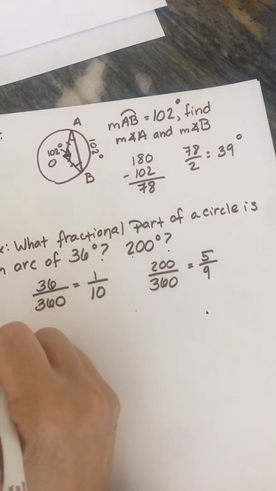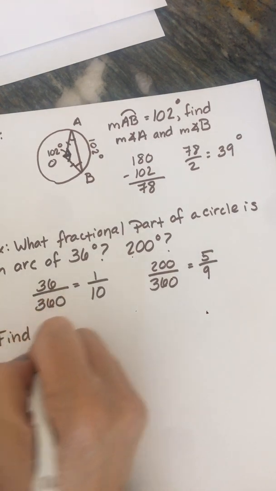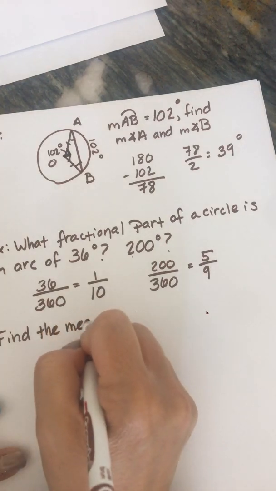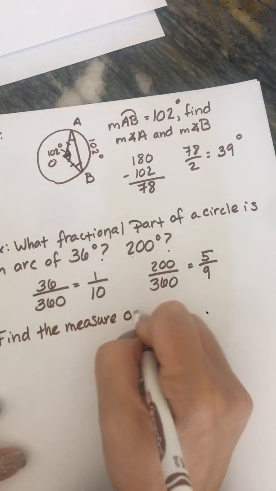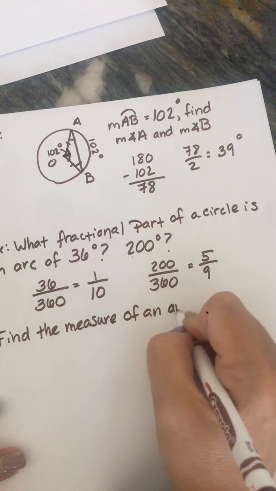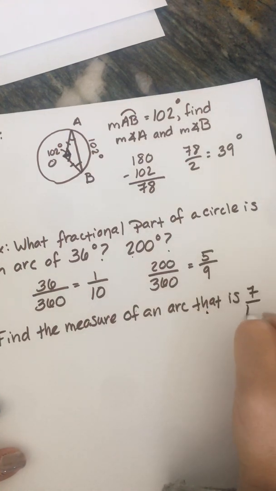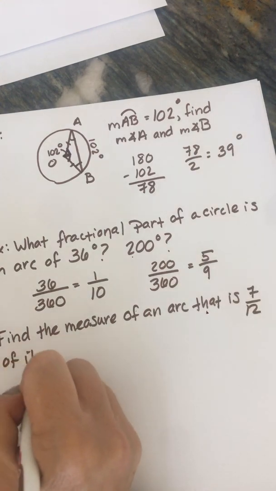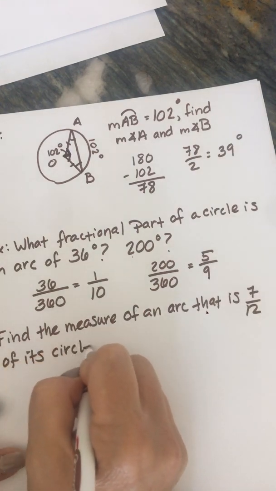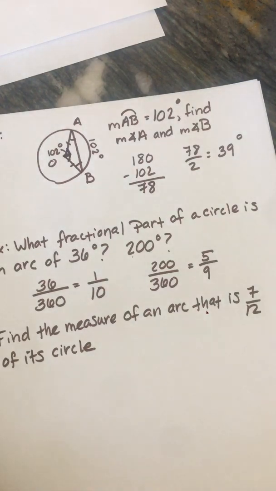So then let's work backwards. Find the measure of an arc that is 7/12 of its circle. All right, there's a key word in here that tells you what to do.